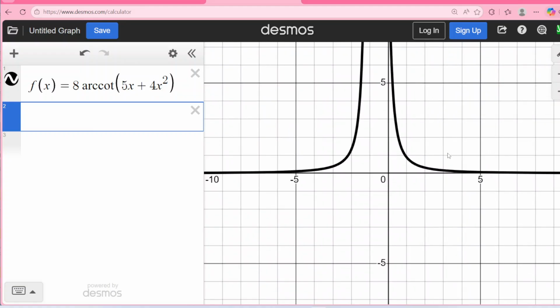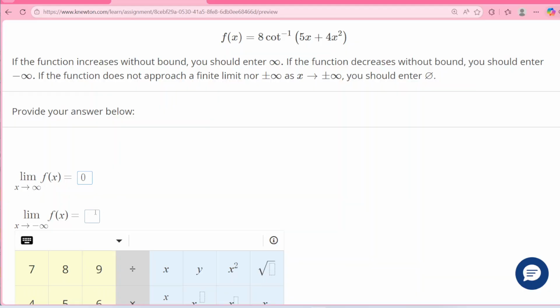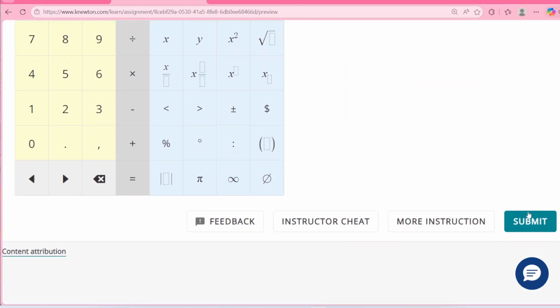Go back to home here, and you see on the far right going toward the x-axis, far left going toward the x-axis. The y values are going to 0 on the right, going to 0 on the left. And you can make a table if you wanted, but the limit on both ends here is 0. So 0 for both of those.